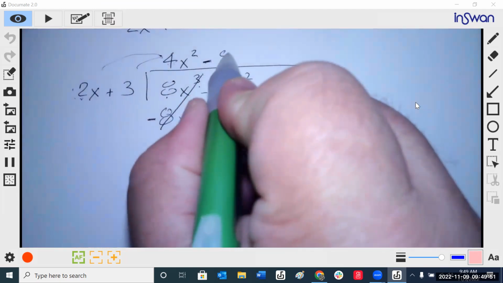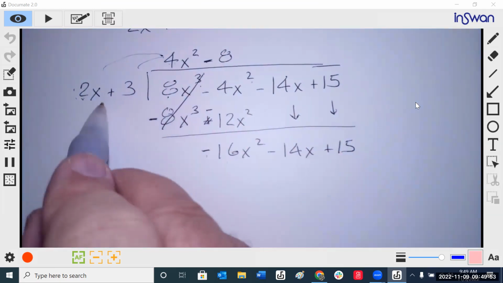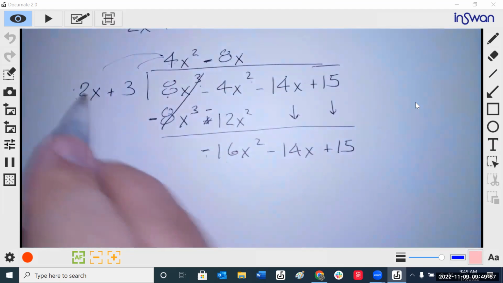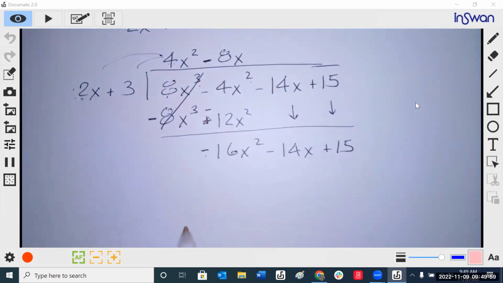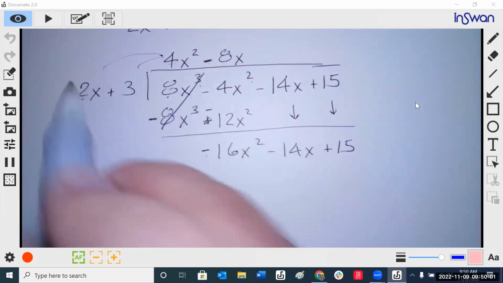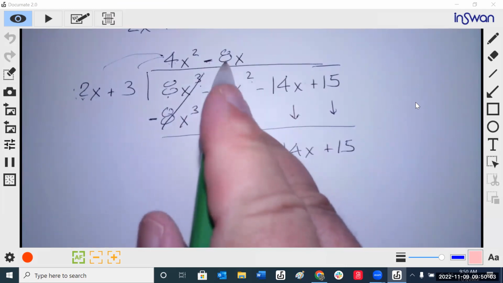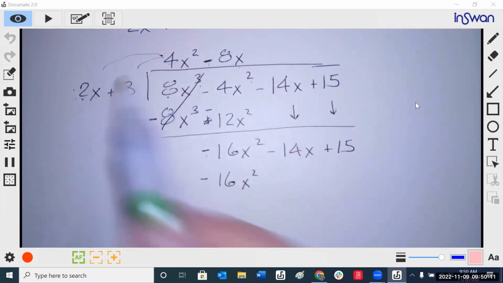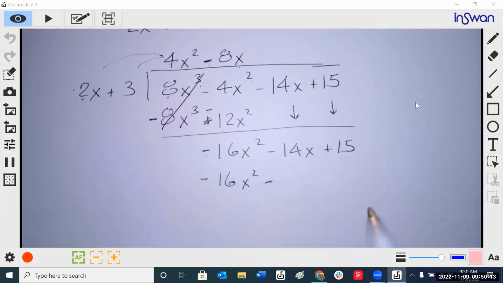2 times 8. How many x's am I missing? Because I have 1 there, I need to have 2 total. So negative times positive is a negative. 8 times 2 is 16. X times x is x squared. Negative times positive is a negative. 8 times 3 is 24.